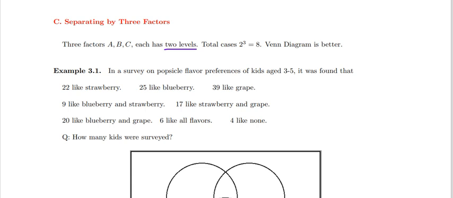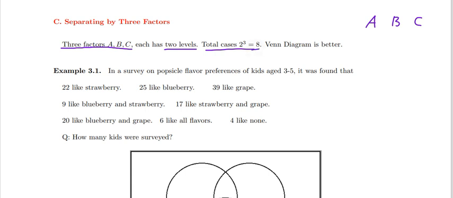So for those things with 3 factors, usually it is too complicated, so we can only consider this case. So totally, how many cases can we have? Suppose we use A, B, C. So for A we have 2 levels, yes or no, yes or no, yes or no, or we just put 1 or 0 for each. So we can have 8 cases, right?